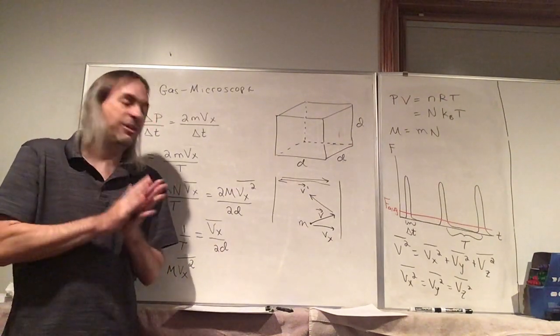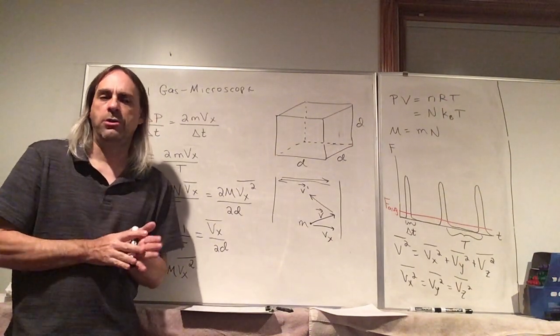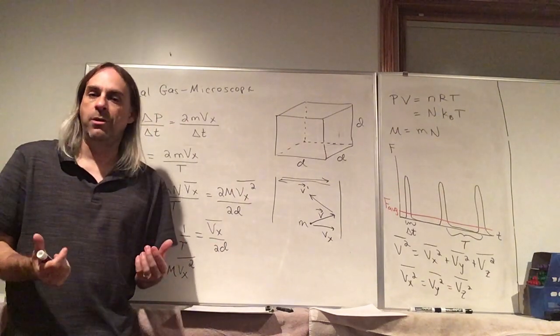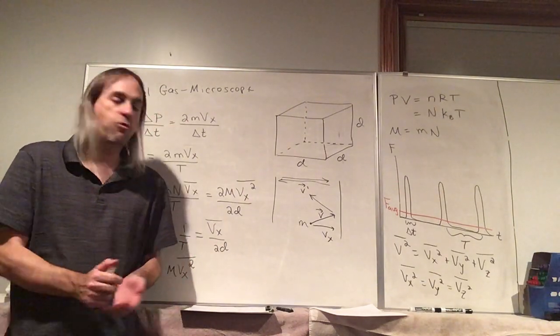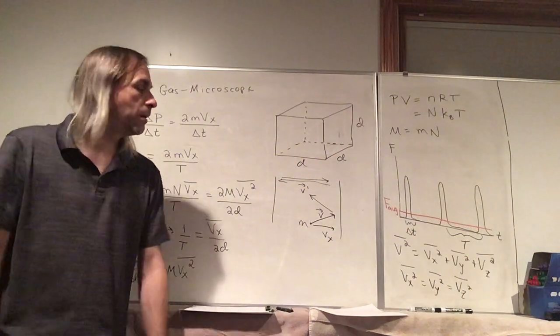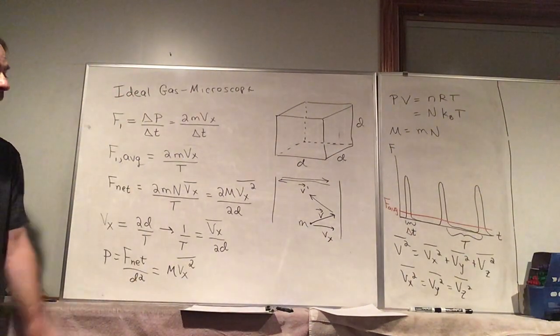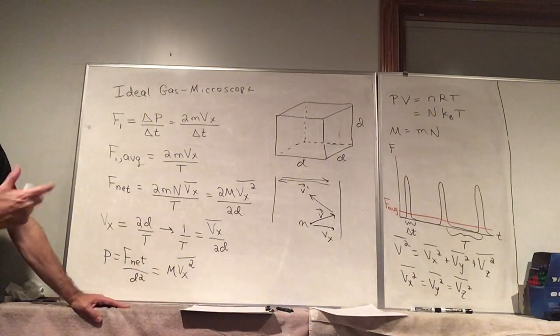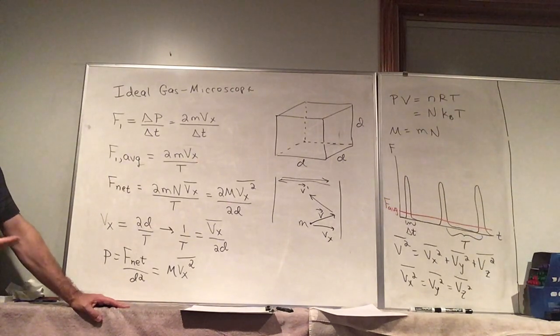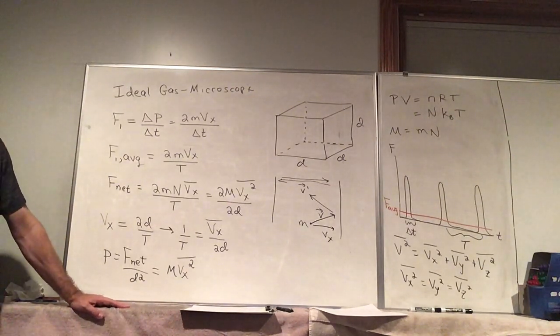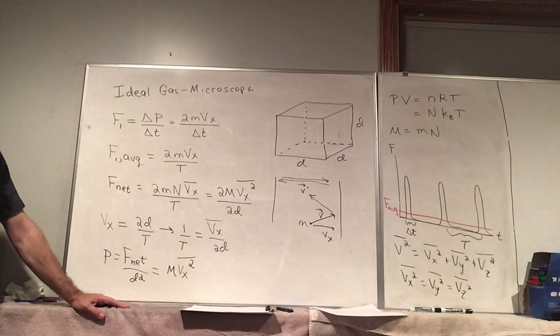Now, that just means that any given molecule is equally likely to be going in any direction. There's no preference to move one way or the other. And so that's a reasonable assumption, that there's just no preferred direction, so these have to be equal to each other when we take averages.